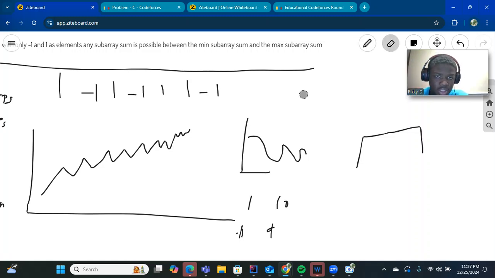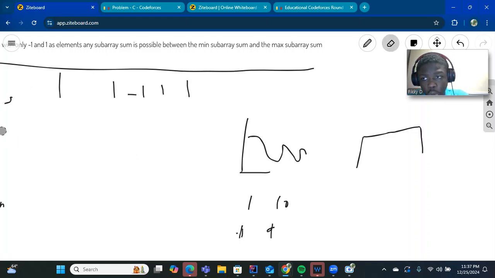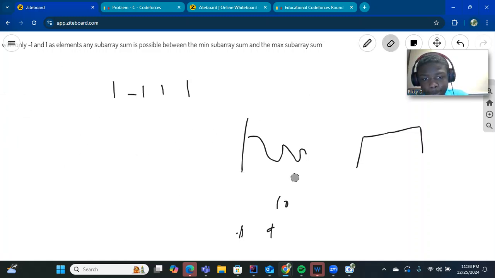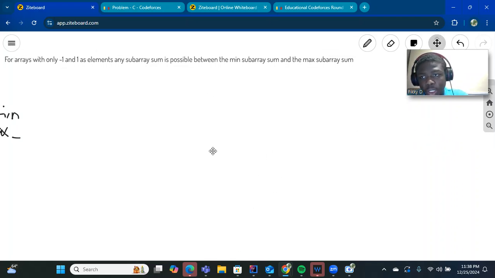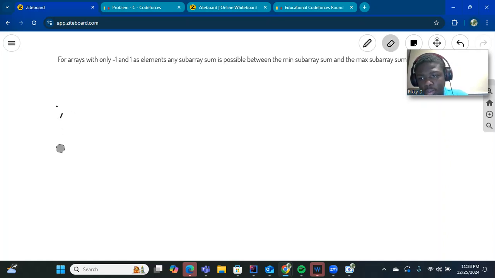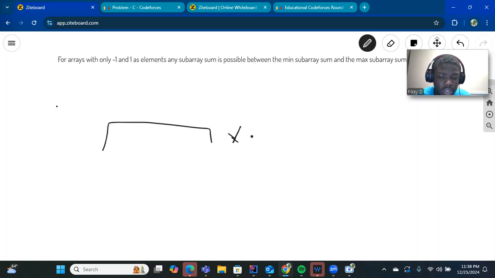But anyways, this is a very important idea you should know in competitive programming. I'm no mathematician, so I won't do a formal proof, but this is an idea you should know. And this sort of solves probably 80% of the problem, because wherever this element x is, you can think of it as two arrays next to each other, one on the left and one on the right.